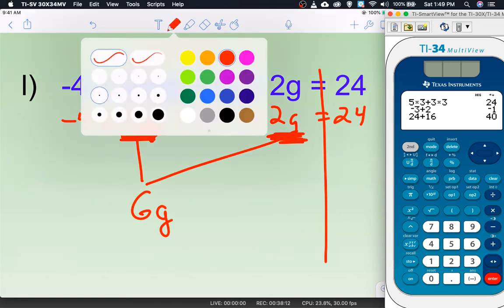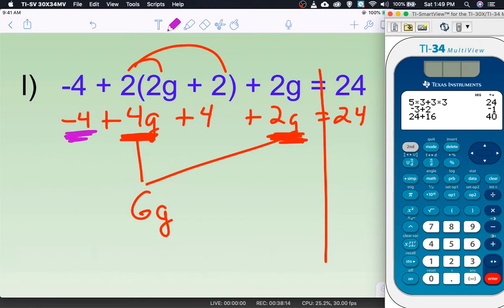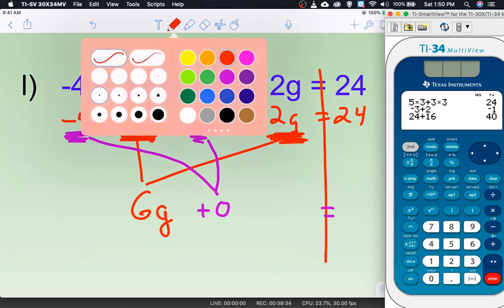I have a negative 4 and a positive 4. They can be combined together. Those are like terms because they don't have a variable. That makes them the same. So a negative 4 combined with a positive 4 is 0. Don't really need to write plus 0. I'll erase it in a second.